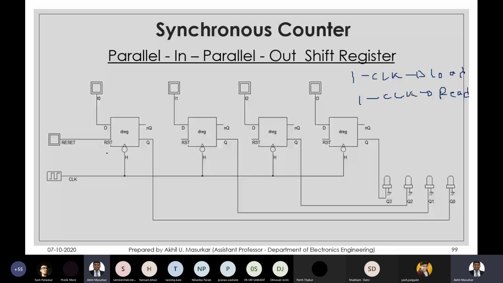That is, one clock we require to load the data, and 4 clocks we require to output the data. That is PISO, not PIPO, parallel in, serial out.